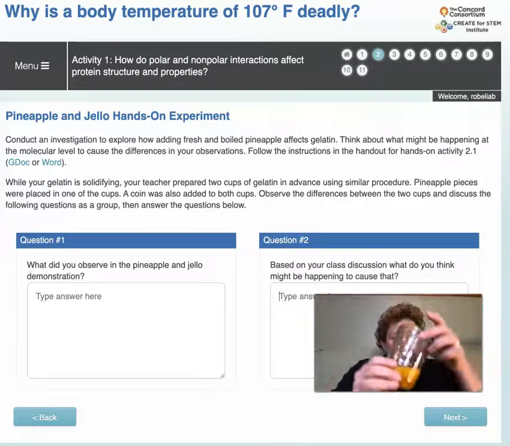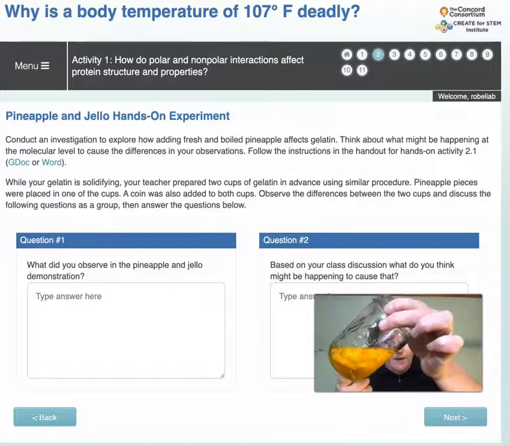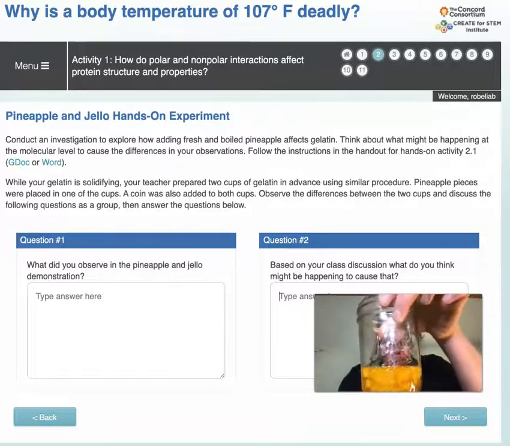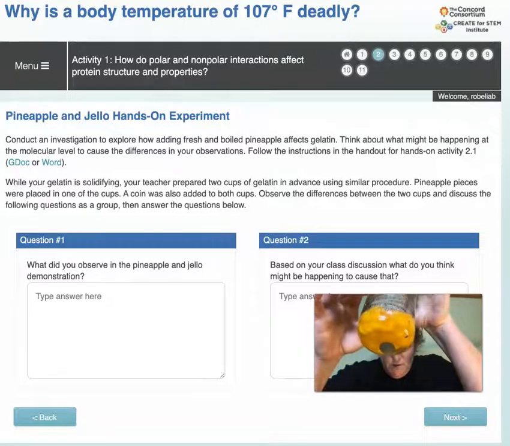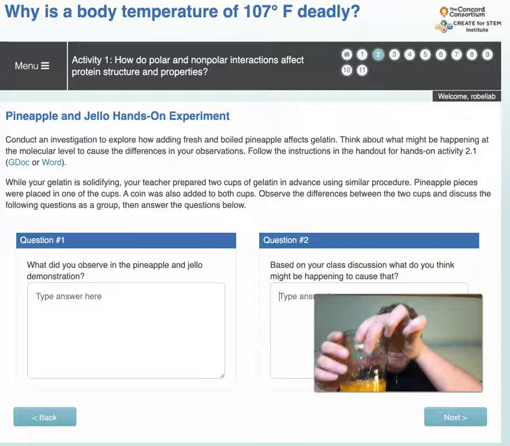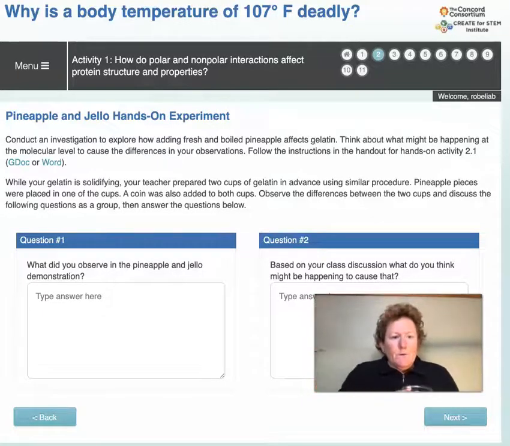So we looked at our Jello, and we found that the Jello made with fresh pineapple is acting very differently than the Jello made with boiled pineapple or the control Jello. Those Jellos got solid and the quarter stayed on top, where you can see the quarter is on the bottom here, and the fresh pineapple just sunk right in, because this is pretty much a liquid. So you can explain what you observed in the pineapple and Jello demonstration here.